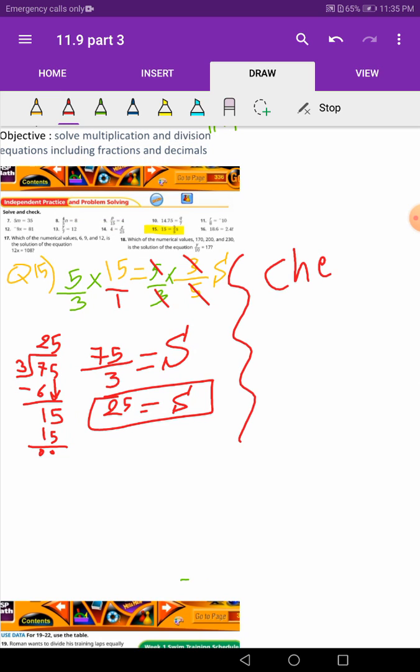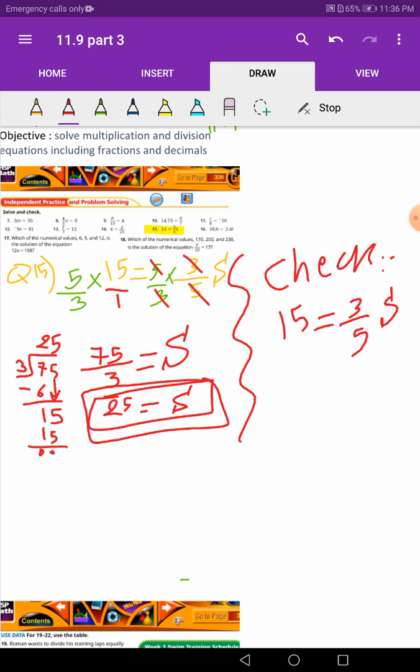Let's check this. You write your equation as it is. 15 equals 3 over 5s. We got the value of s equals 25. So you need to replace s by 25.